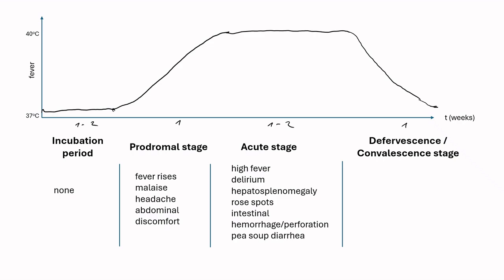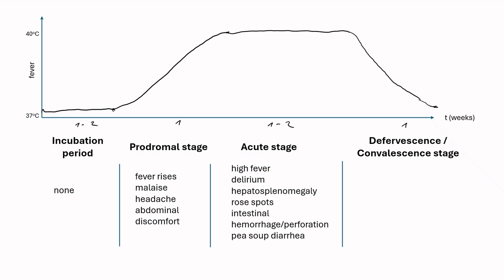Then, more towards the end of the acute stage, even reaching into the defervescence, convalescence stage, there is the possibility of an intestinal hemorrhage or even perforation of the gut. And what we also have with typhoid fever, again rather towards the later stages, is the so-called pea soup diarrhea.